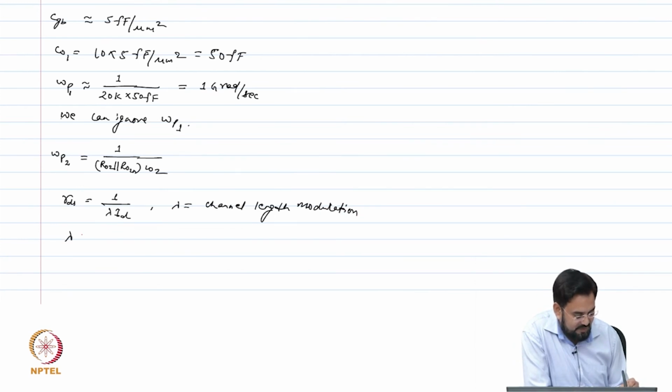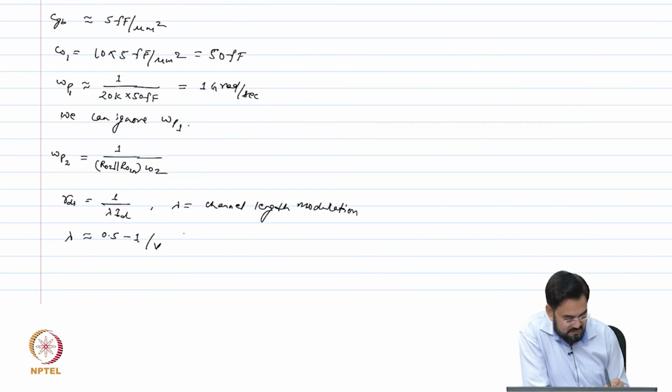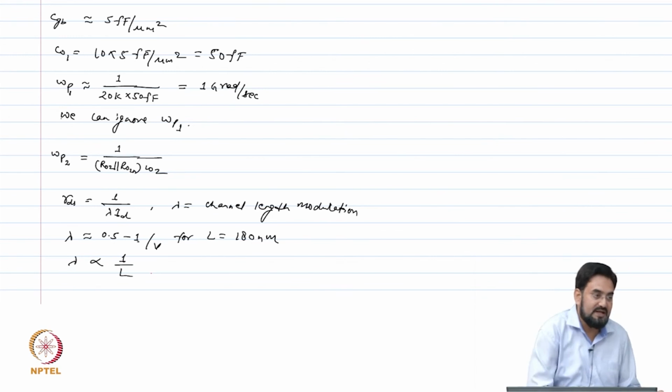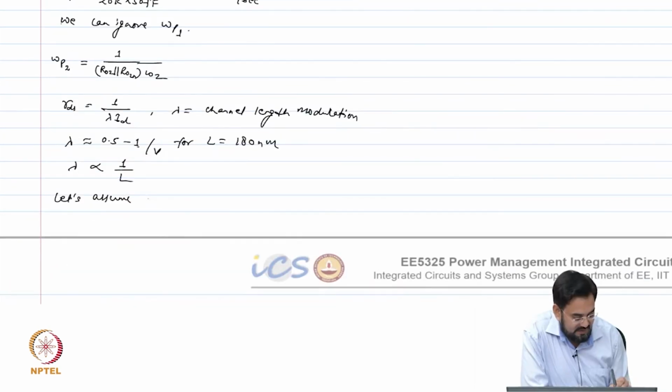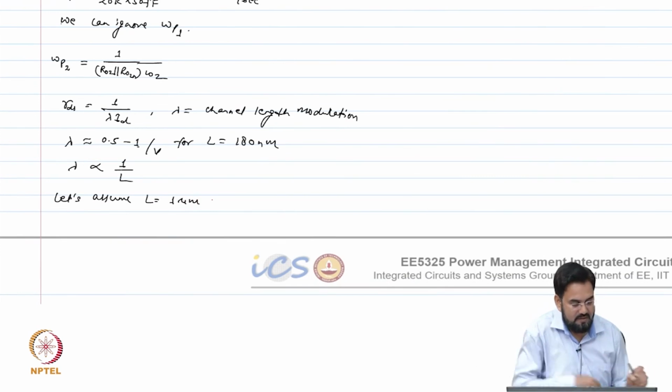And lambda is approximately I think 0.5 to 1 per volt for L equal to 180 nanometer, and lambda is inversely proportional to L. If you make a larger L, it will reduce. So, make it 10 times, then lambda will go maybe 1/10 of what you are considering. L equal to 1 micron.